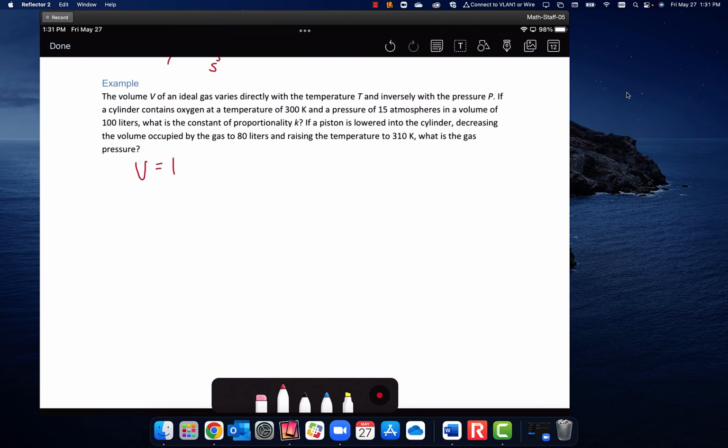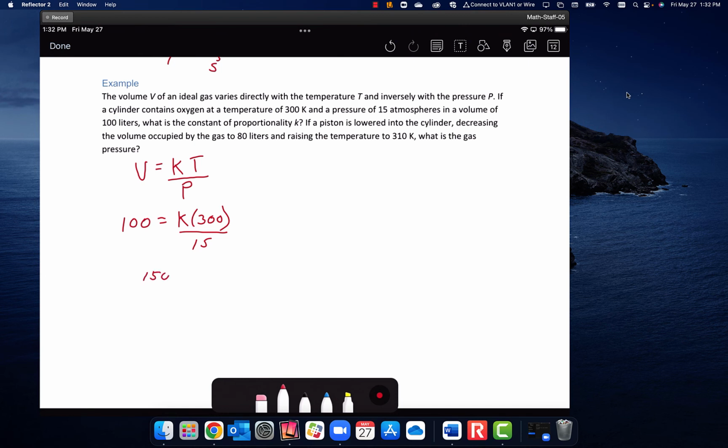Volume varies directly with the temperature T and inversely with the pressure P. Now let's use initial information to find K. If a cylinder contains oxygen at a temperature of 300 and a pressure of 15 atmospheres in a volume of 100 liters, let's use this info to find K.